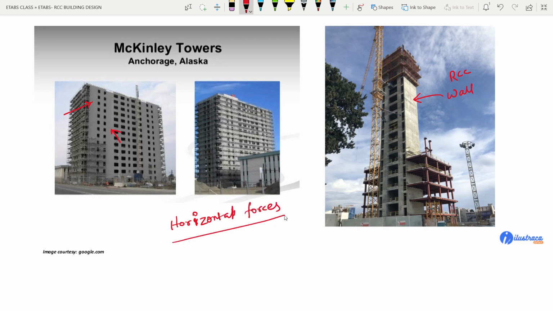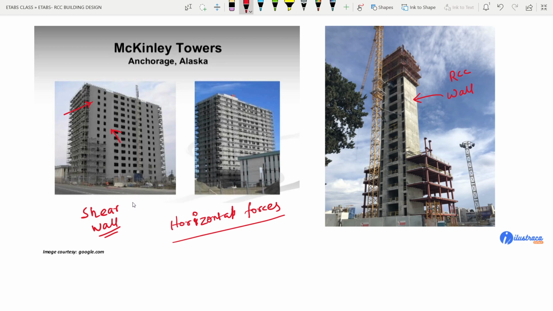We will discuss it later, as I have said. This particular element we call a shear wall. So this is also a part of the RCC structural system.